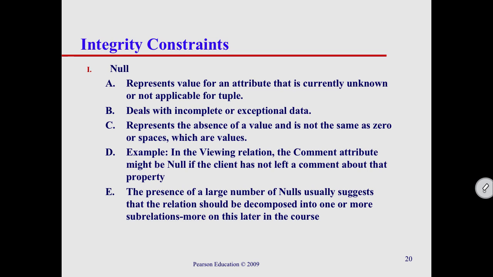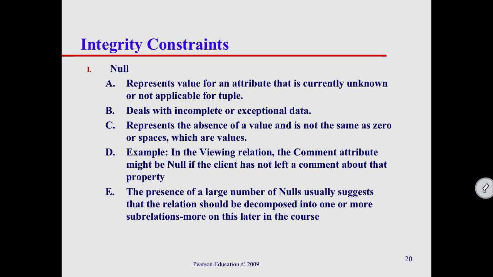So we might make the first three fields required, but the fourth field optional. So maybe the client or the realtor has no comment to make about the property. So we say the comment was optional. In that case, if someone provided no comment, we would simply have the value null for that particular cell. It just indicates an absence of a value.